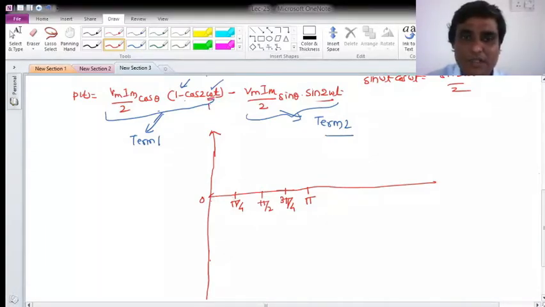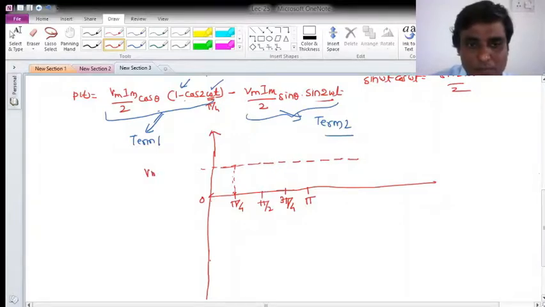If omega t is pi by 4, what will happen? It will be cos pi by 2, so at that time the magnitude is Vm Im cos theta by 2.